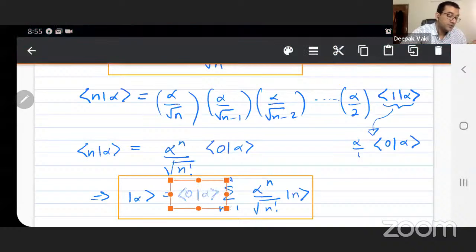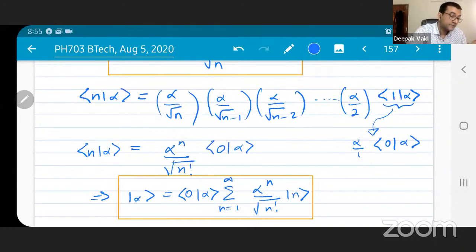Which quantity? The zeroth coefficient. But I don't have the zeroth coefficient, okay? So then the question is, how do I determine this zeroth coefficient?